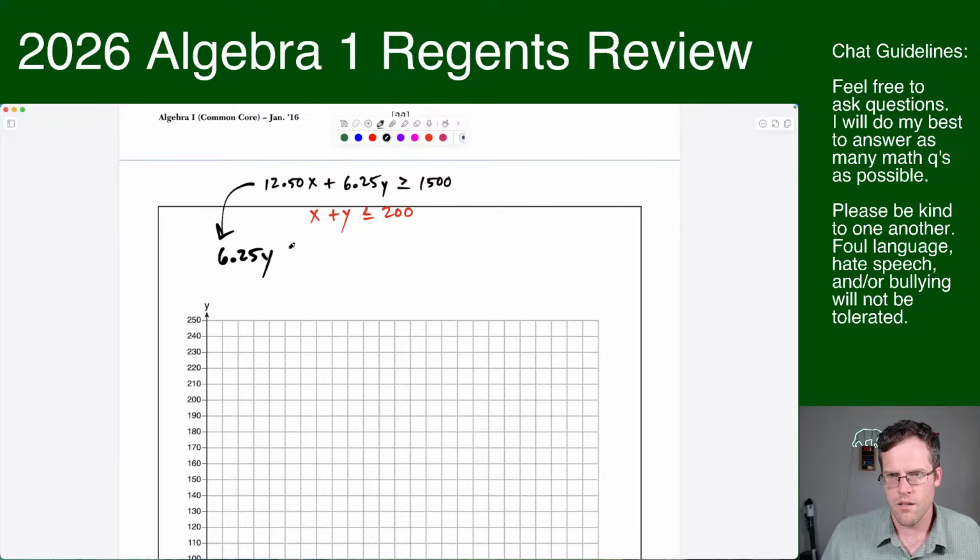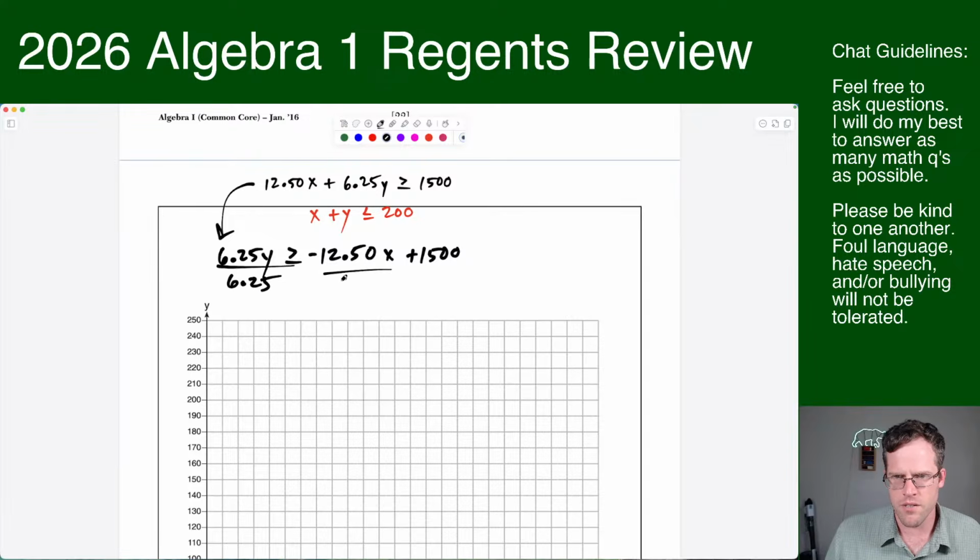6.25y is greater than or equal to, I subtract this on both sides, so minus 12.50x and then the plus 1,500. I'm really just once again going minus 12.50x on both sides, and that brings me here. That's where that line is coming from. And then I divide by 6.25.